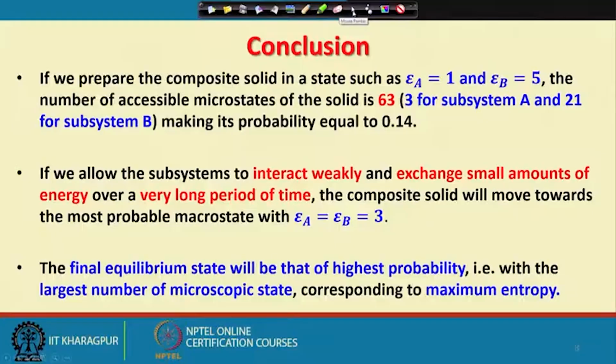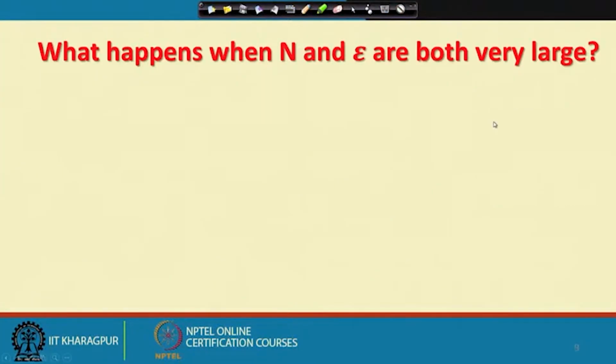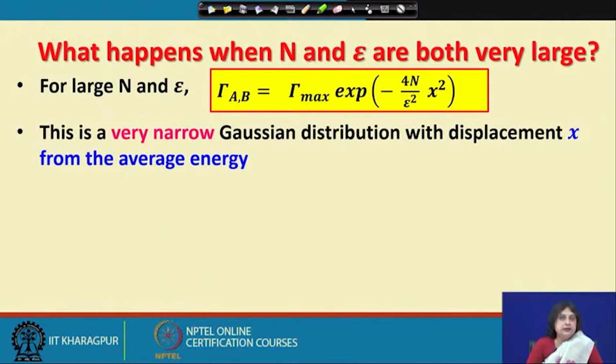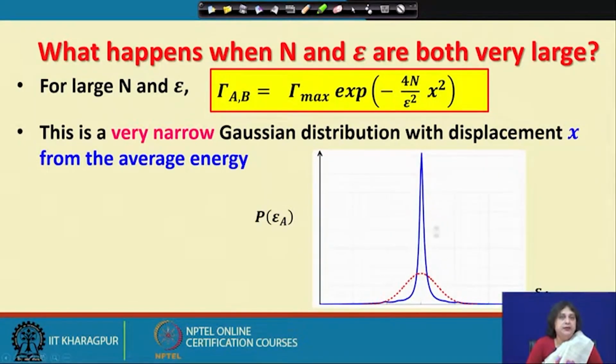Let us go one step further and ask what happens when both the number of particles and the quanta of energy available to this composite Einstein solid are very large. Then, once again, as we have worked out in some previous lecture, this becomes a very sharp distribution.